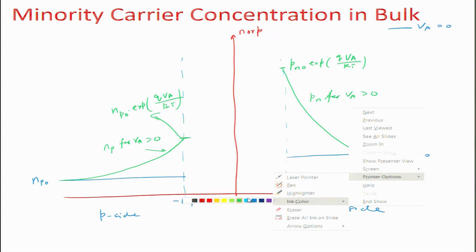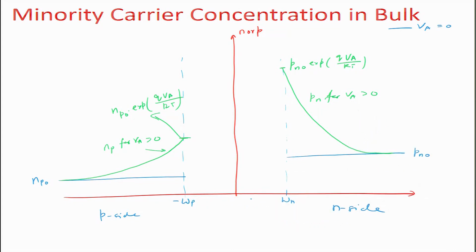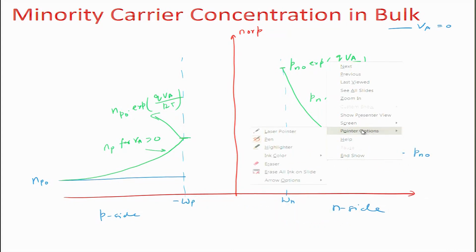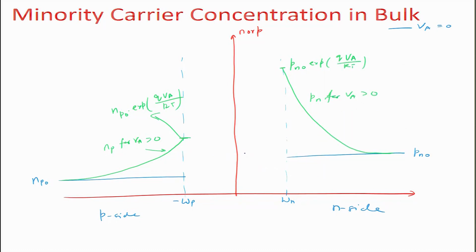If I use a purple color for the negative bias, this will go as something like that on both sides. This would be the behavior for negative bias, for Va smaller than 0. It will eventually go very close to 0.